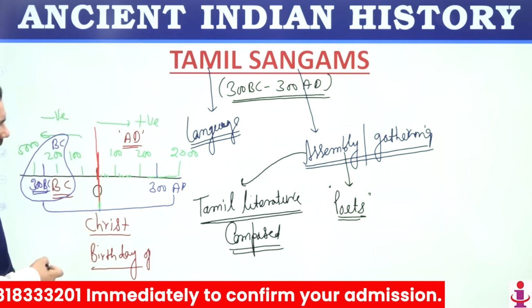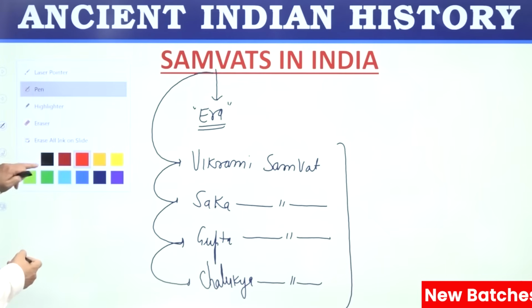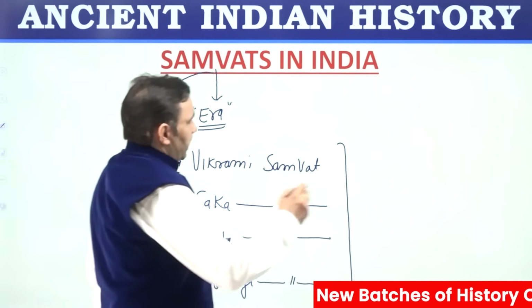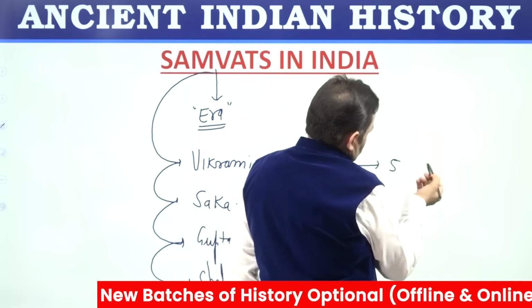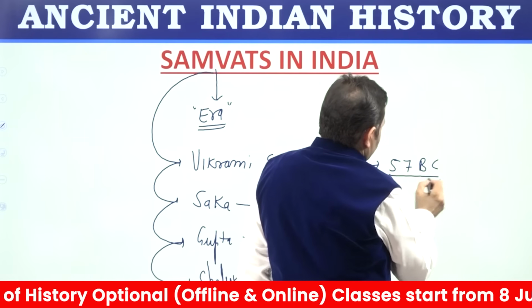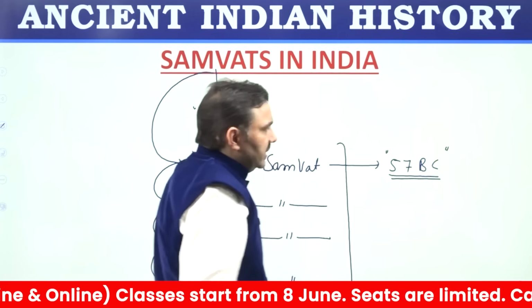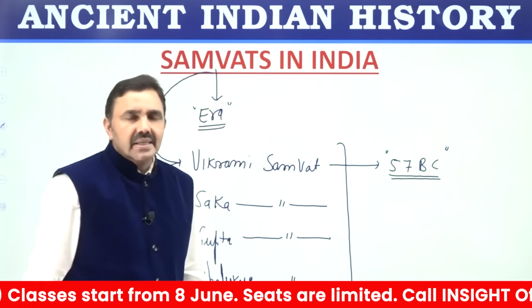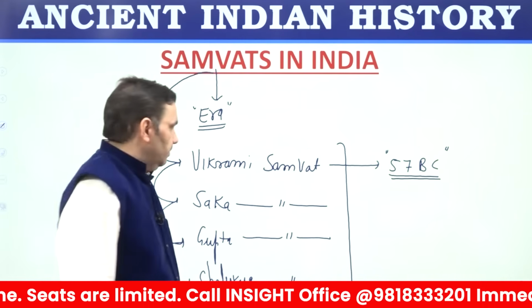One of the eras started in 57 BC. And this era that started counting years from 57 BC is known as Vikrami era or Vikrami Samvat.